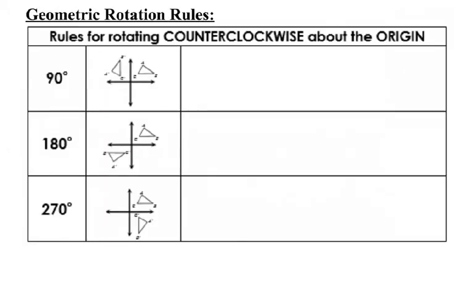Okay, so let's look at our geometric rotation rules. I think it's kind of easier just to show you these and show you how you work with them. So for 90 degrees counterclockwise about the origin, x, y, the pre-image, and then we're going to use an arrow to show that a transformation has happened.